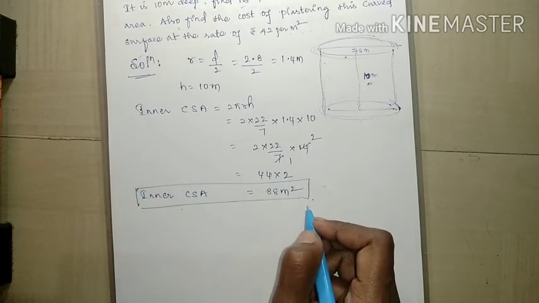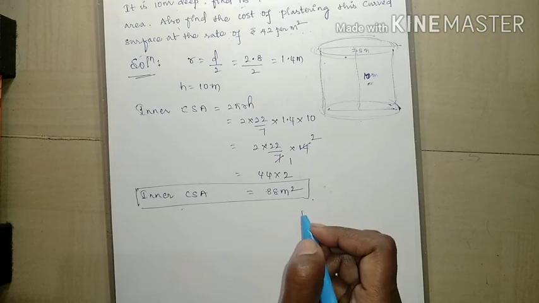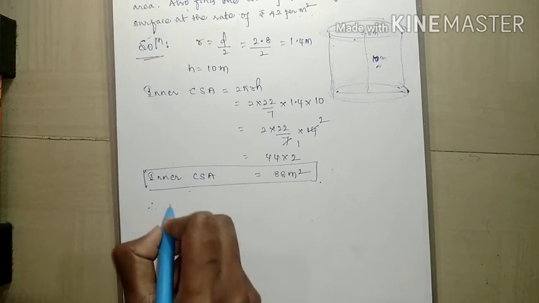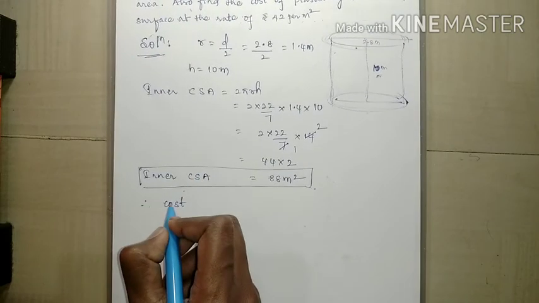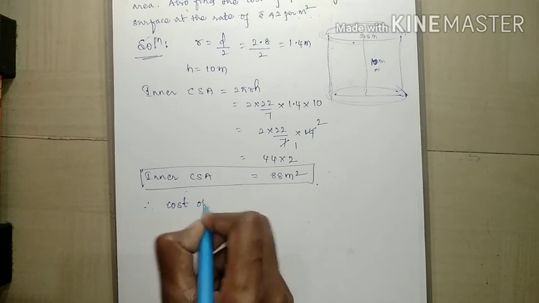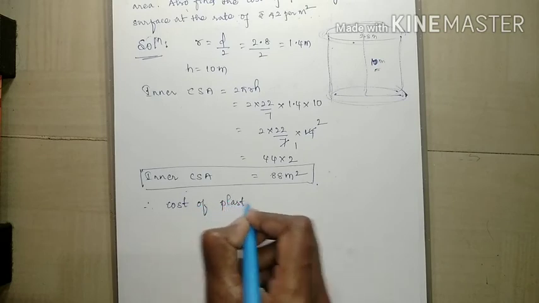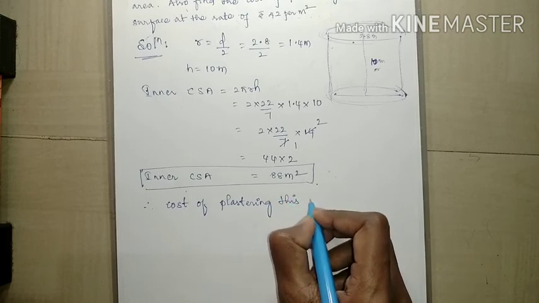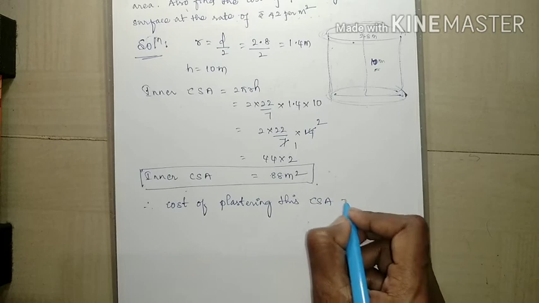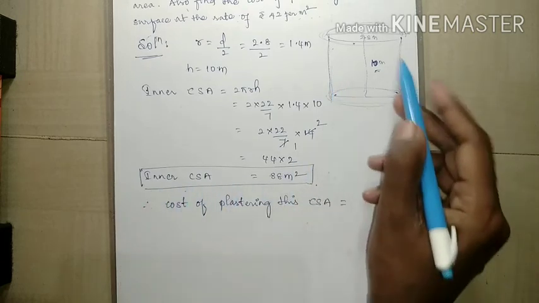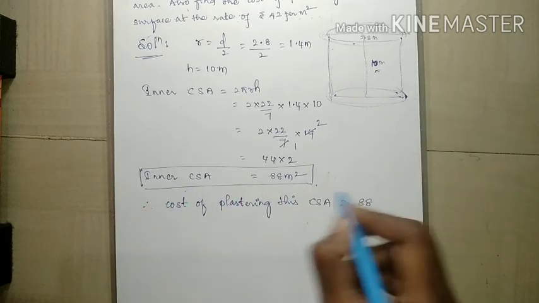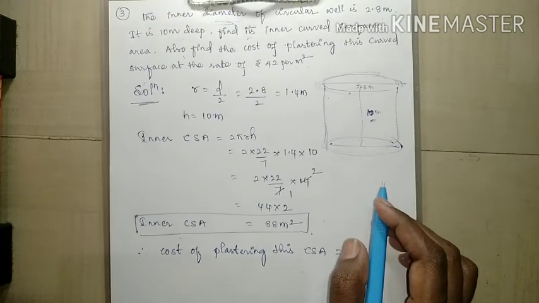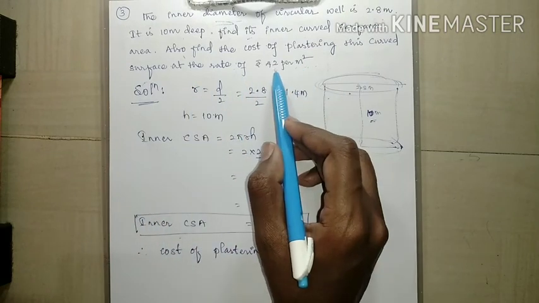Now we have to find out the cost of plastering this inner curved surface area. So the cost of plastering this CSA is equal to the inner curved surface area 88 into the rate, which is 42 per meter square.